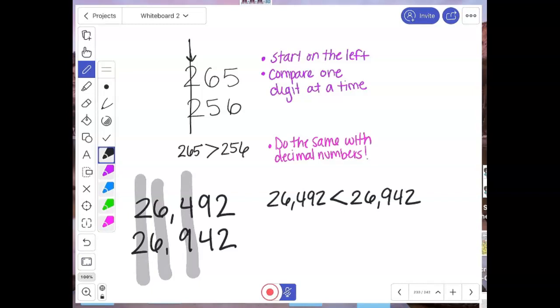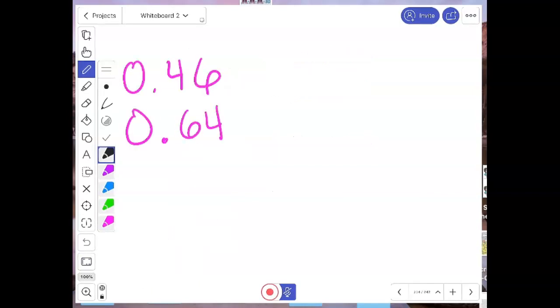We do that same thing with decimals. So here I've got two decimals. I've got 46 hundredths and I've got 64 hundredths. I always pretend my decimals are money. Would you like to have 46 cents or 64 cents? Which one's more? 64 is more than 46.